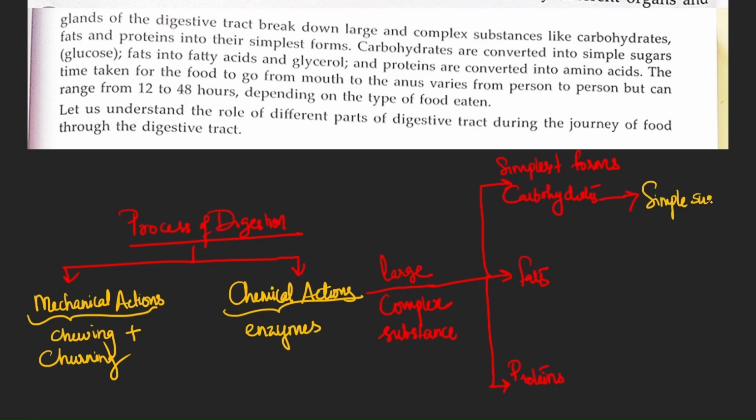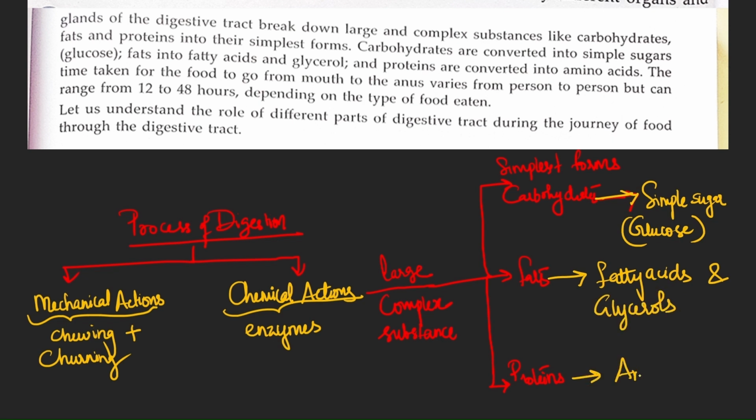Carbohydrates are converted into simple sugar, that is glucose, fats into fatty acids and glycerol, and proteins are converted into amino acids. The time taken for food to go from mouth to anus varies from person to person but can range from 12 to 48 hours depending on the type of food eaten.